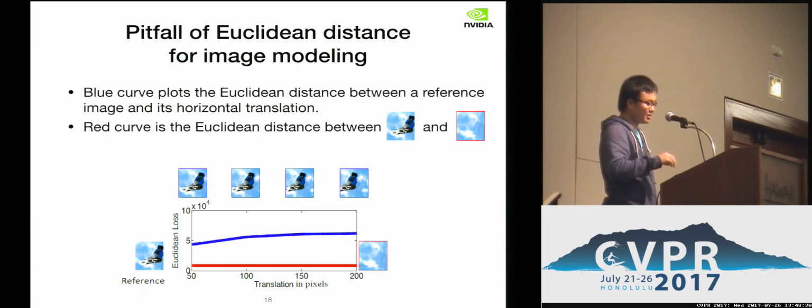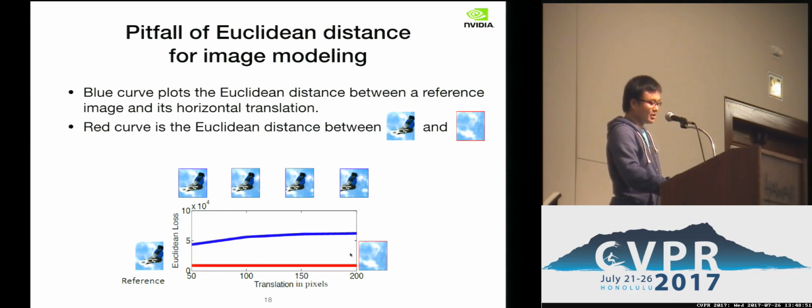And here is a slide where we try to illustrate the problem of Euclidean loss for image modeling. In the figure, there are two curves.